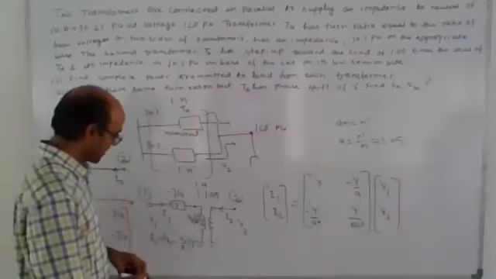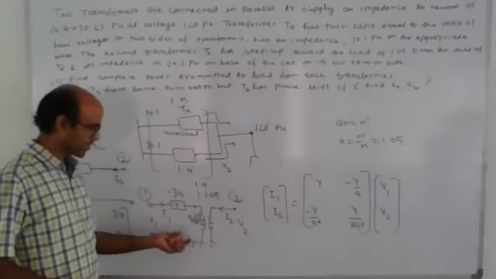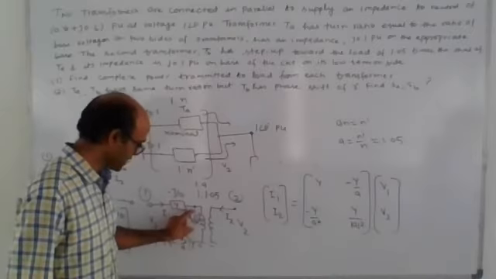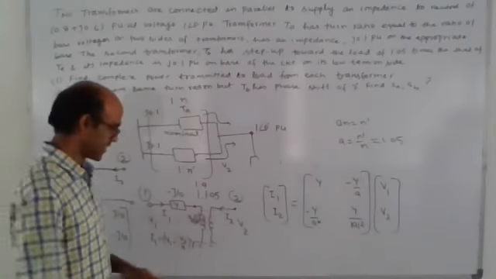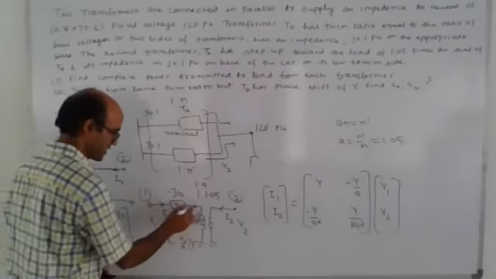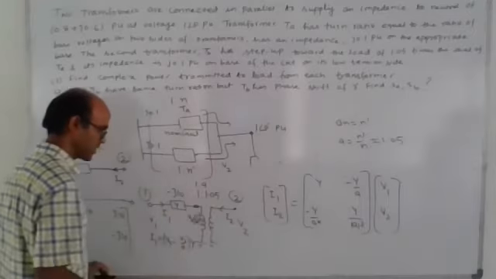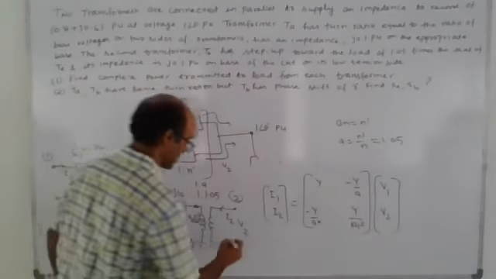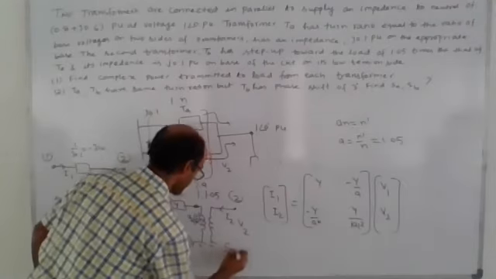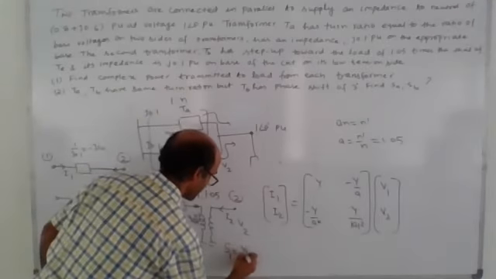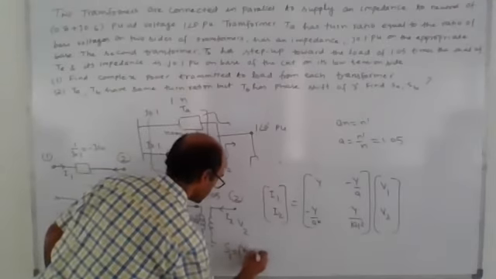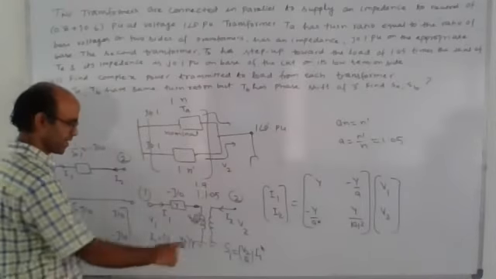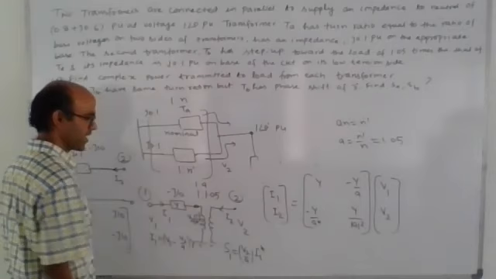Now how do I find I2? You know this is the ideal transformer. So how much power is coming here, the same power is delivered here, but on both sides power is incoming. So what is the input power? S1 is V2 by a into I1 conjugate. Similarly, what is the power S2?